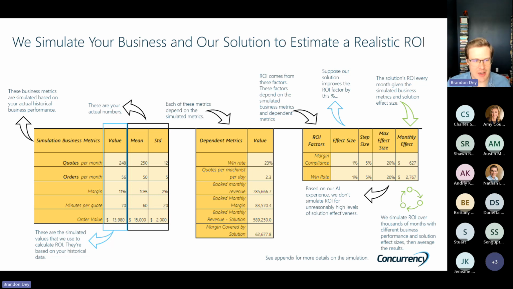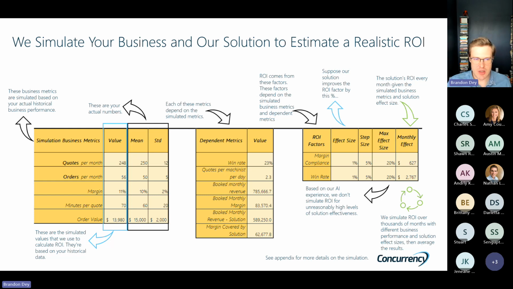We do this by collecting historic information about the business so that we can simulate based off of the average and standard deviation and so on. Each of those metrics, this is for a particular use case that we designed for a manufacturer to auto quote things.